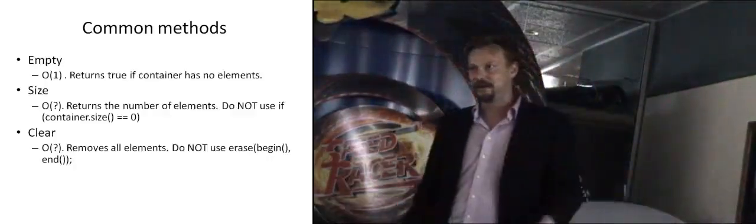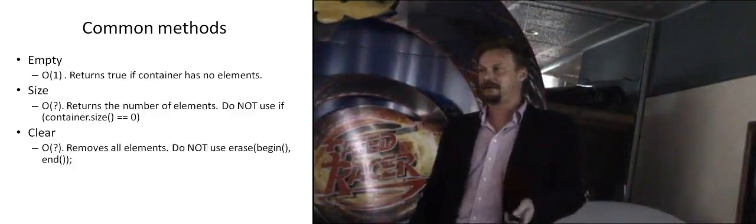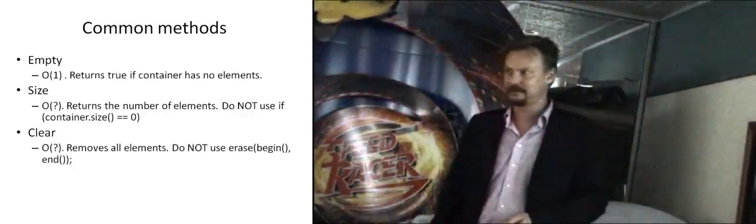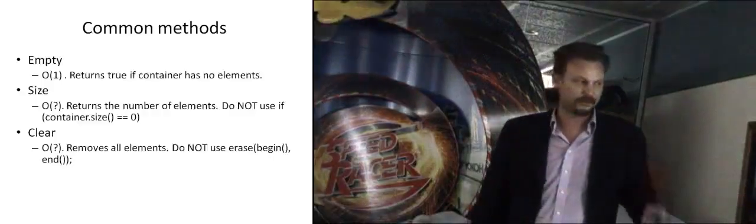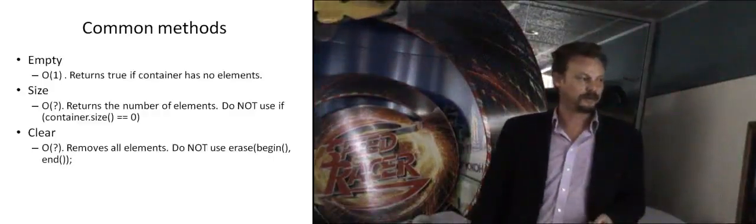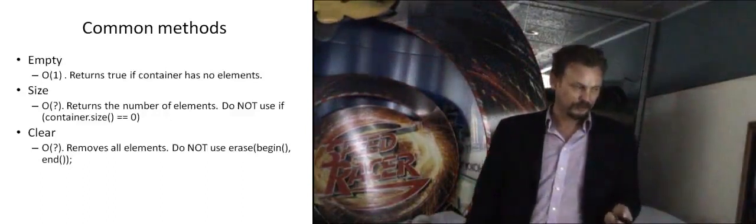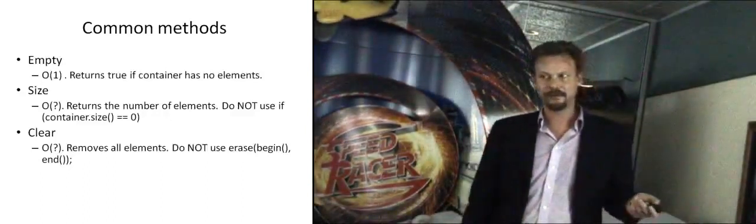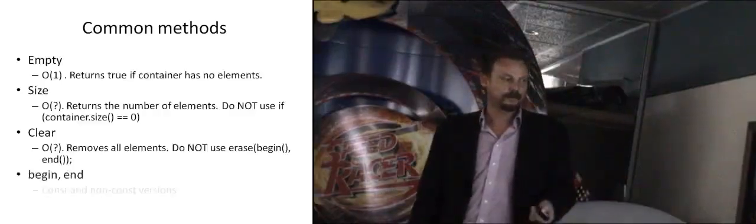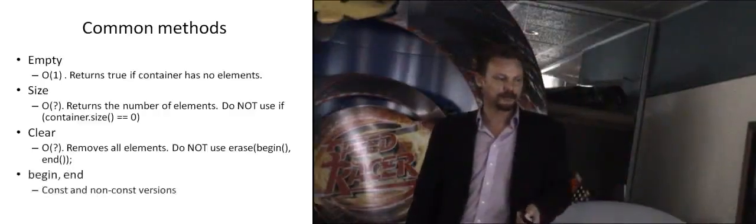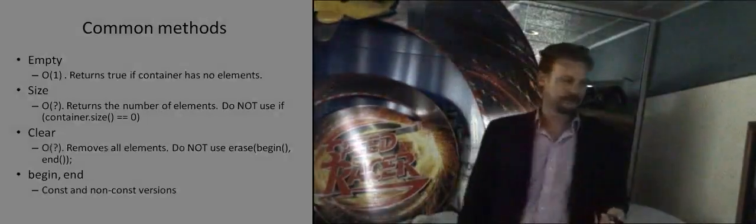There's a lot of detail, and for that sort of detail, I suggest you read Effective STL by Scott Meyers and that sort of stuff. I'm just giving a broad overview of the common methods that are in containers. There are a lot of gotchas with memory management, even to do with vectors. Obviously, you've got begin and end, and you've got const and non-const versions which do matter.